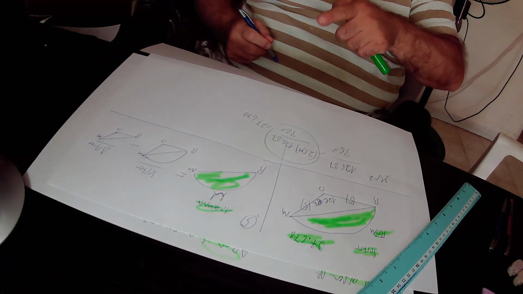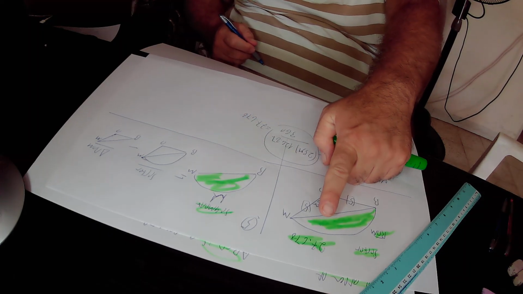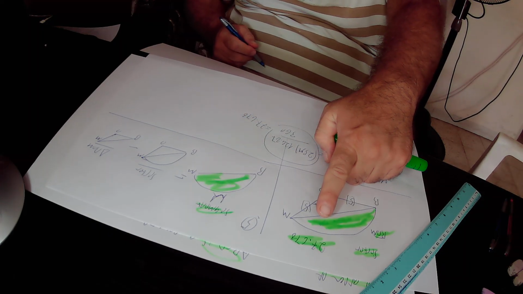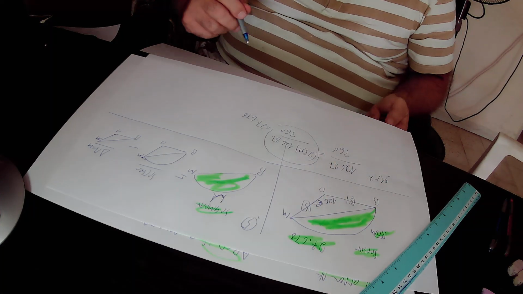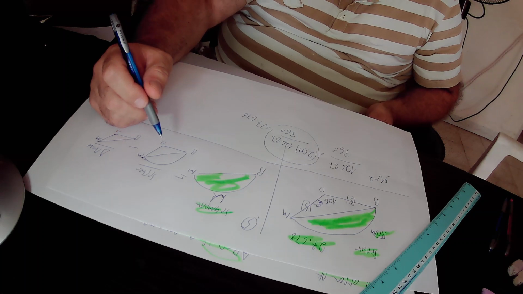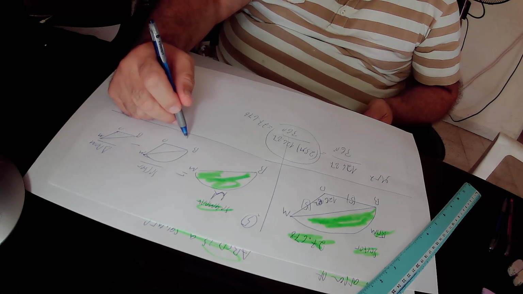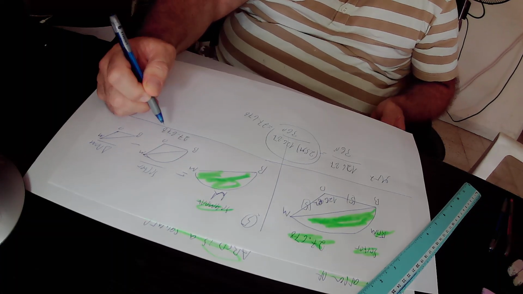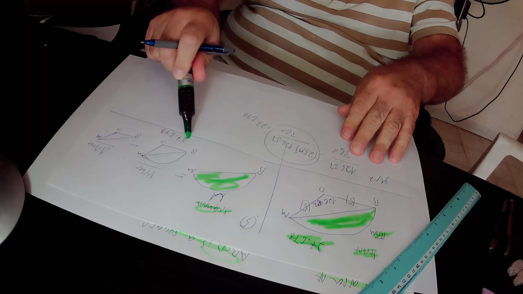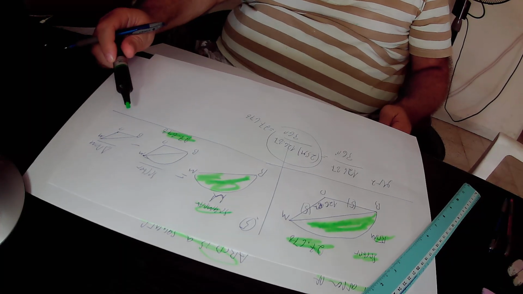We already found out that the area of this sector BOM equals 27.678 square inches in size. So we have to find out the area of this triangle BOM.